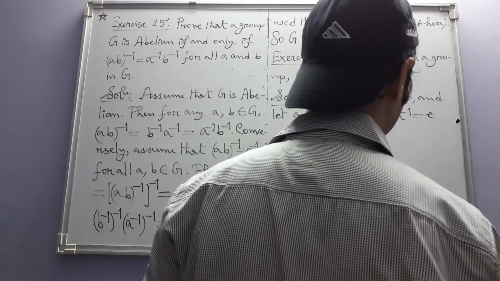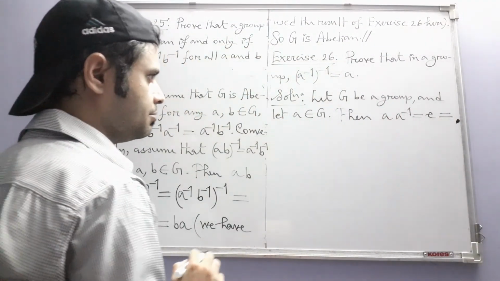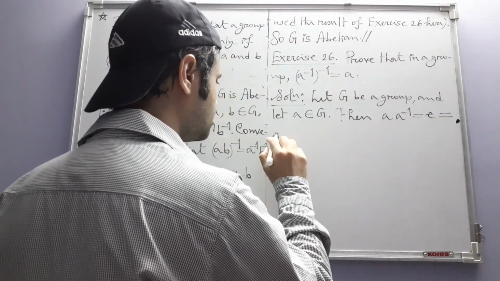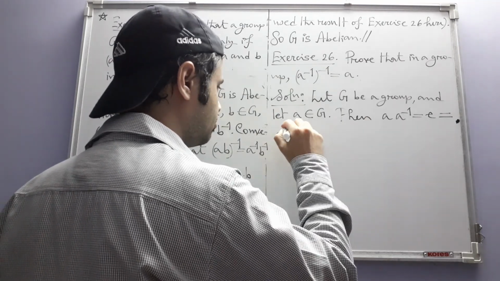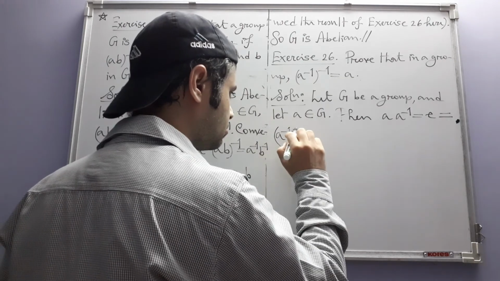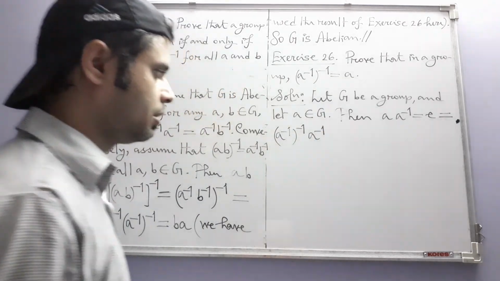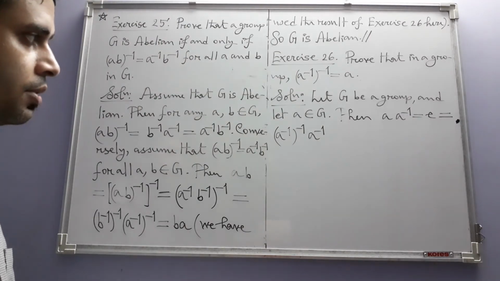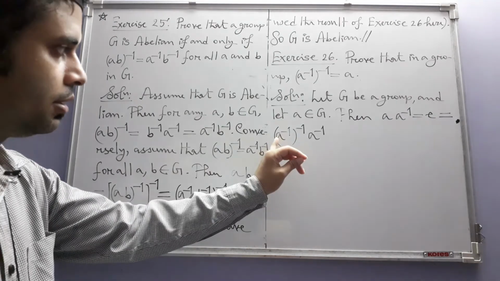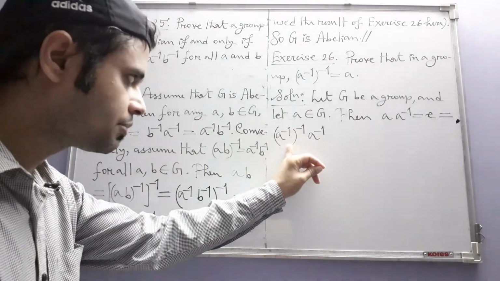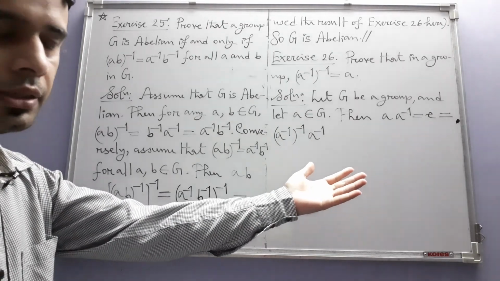So this is equal to E. But also at the same time, E is equal to A inverse inverse times A inverse. Think of A inverse as a single element. If you multiply the inverse of that element with the element itself, then also you will get identity.